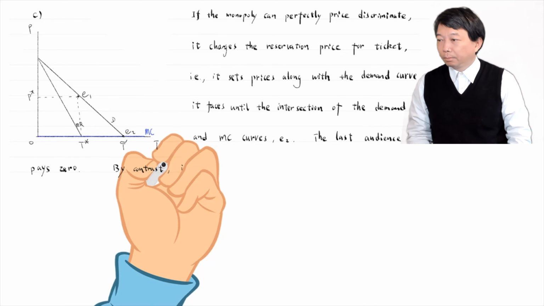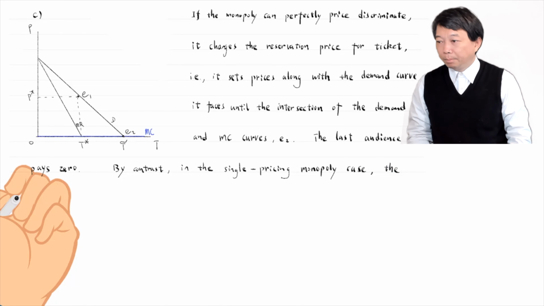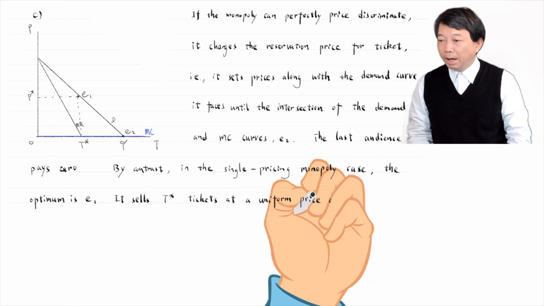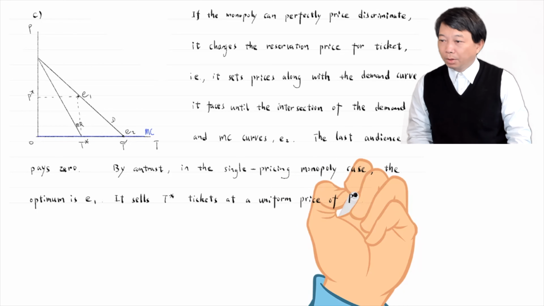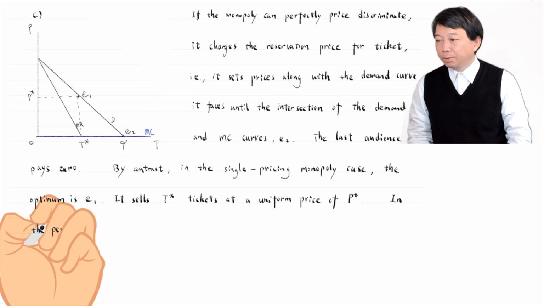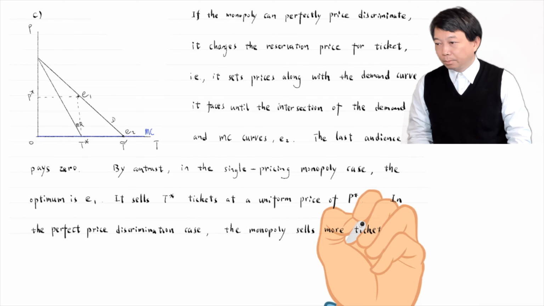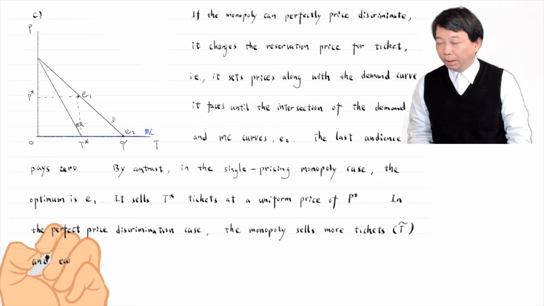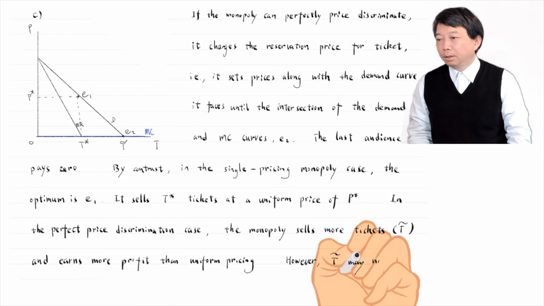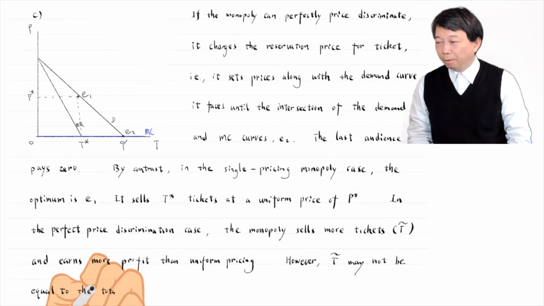By contrast, in the single pricing monopoly case, the optimum is E1. It sells T-star tickets at a uniform price of P-star. In the perfect price discrimination case, the monopoly sells more tickets and earns more profit than uniform pricing. However, T tilde may not be equal to the total number of seats.